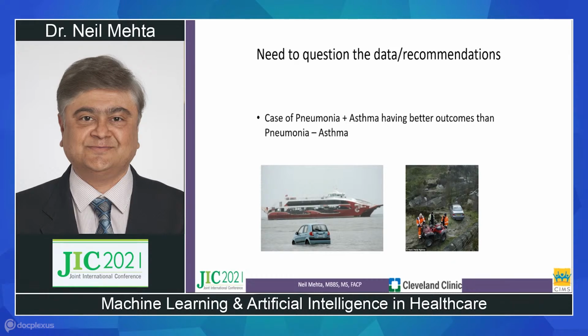But if they did not have asthma, they would probably be placed on a regular nursing floor. And because of the monitoring being much better in the ICU, the patients with pneumonia and asthma who were admitted there had better outcomes. And so you have to be very careful not to take the machine learning suggestions as gospel and keep your practical wits around you.